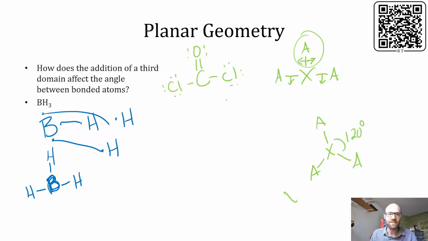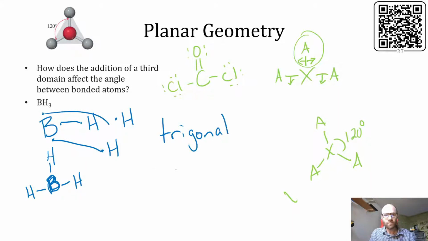But in both cases, COCl2 and BH3, both have the same geometry because it's still 3 electron domains. And to draw that one out, you get a picture up here, and the name is trigonal planar. Planar as in 2 out of 3 dimensions. They're still flat molecules.